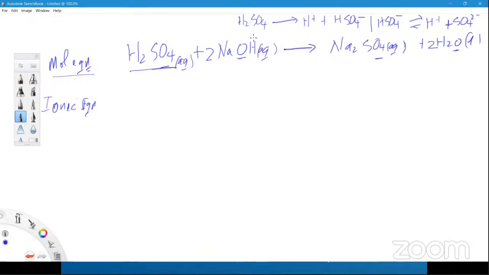So therefore, when you add sulfuric acid to water, this is what you're going to get mostly. You will not get sulfate ions by itself. So to start off with this, to dissociate it, you're going to get H plus aqueous plus HSO4 minus aqueous.